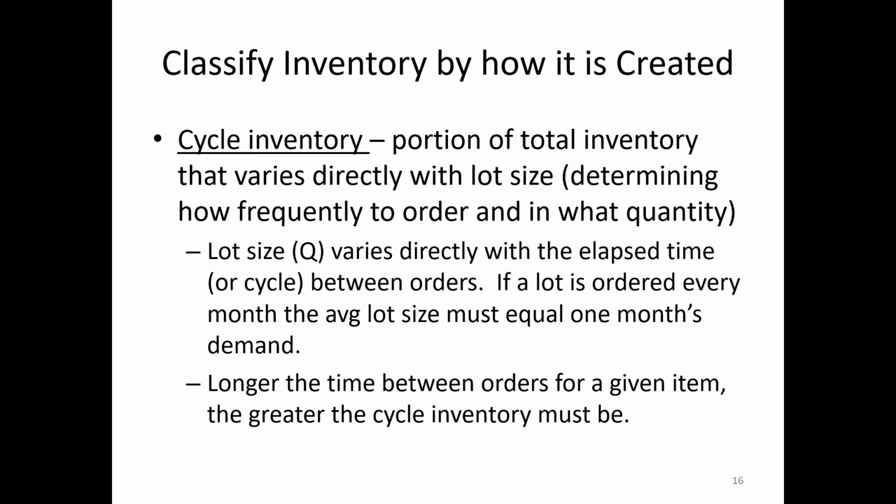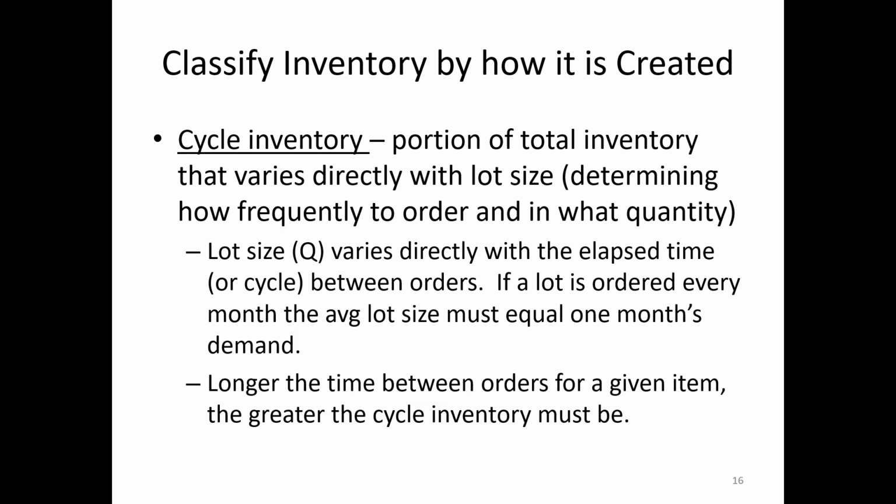That lot size varies with how long between orders, right? Of course, longer time between orders, we need to make bigger orders. Shorter time between orders, we order smaller orders. It kind of makes sense. We're keeping demand constant throughout this whole analysis.